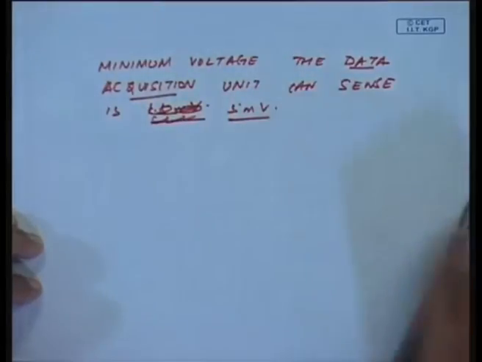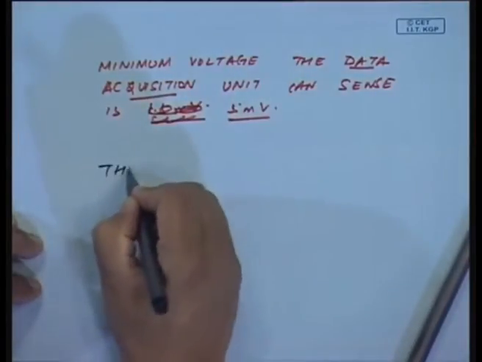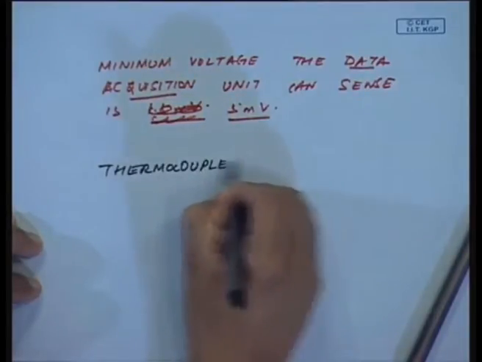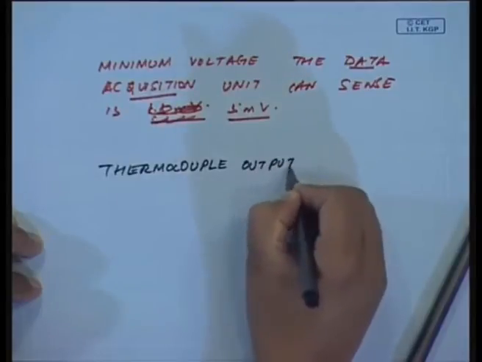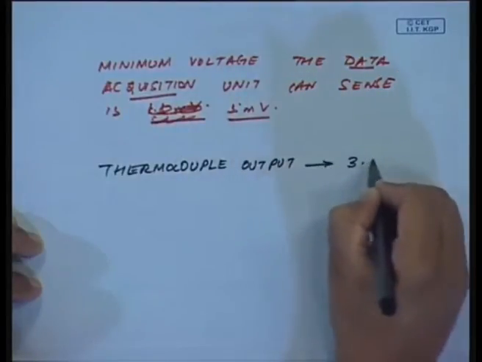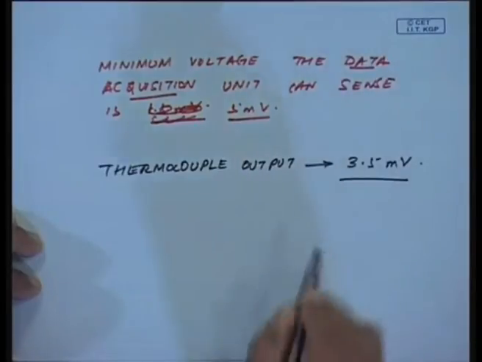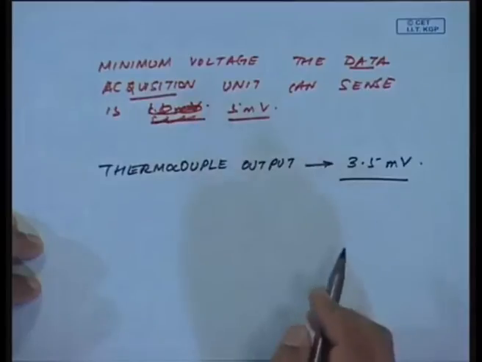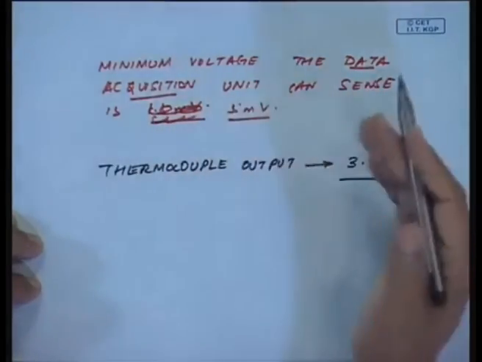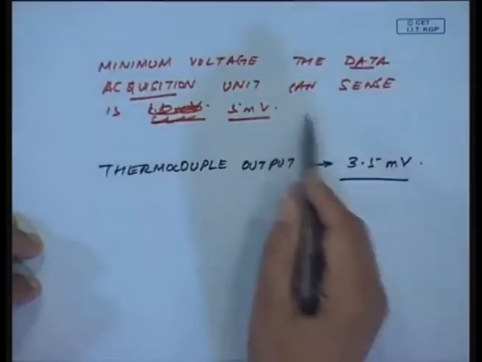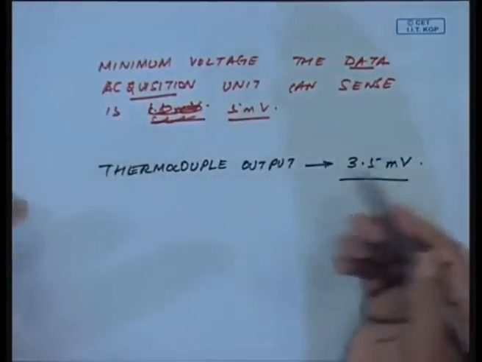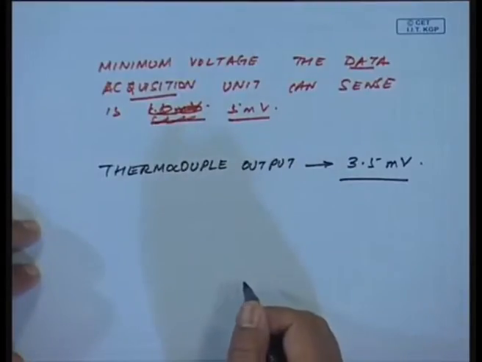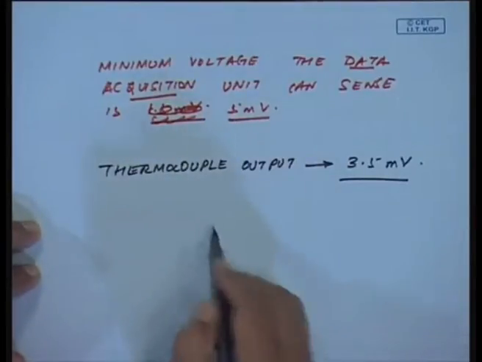Now, if my thermocouple output in this example is 3.5 millivolt, obviously my display or analysis unit, because the data acquisition unit is actually sitting in your analysis unit, is not able to capture or sense the thermocouple output. Now, that is a problem I have. So, obviously, I need to amplify.